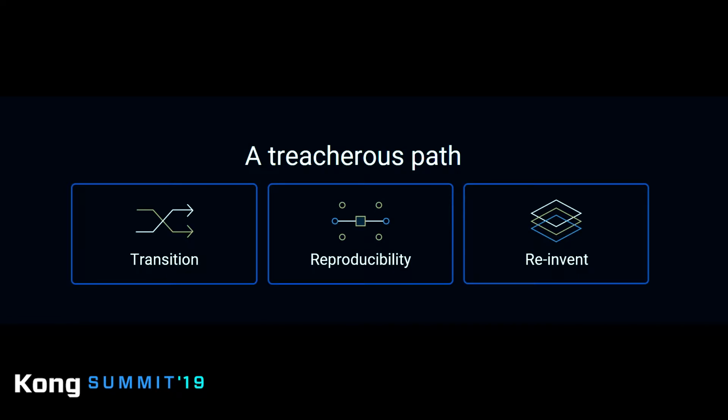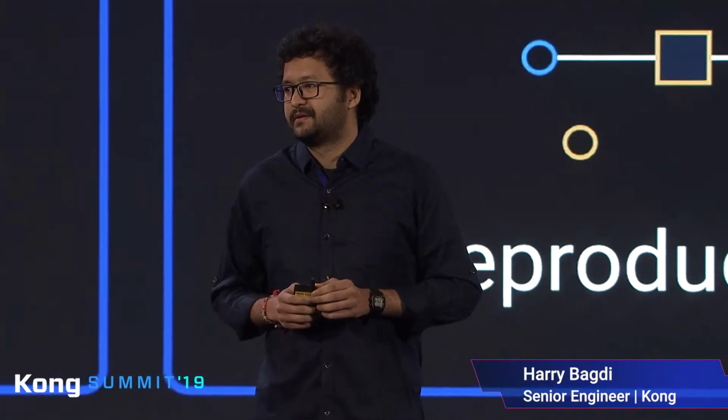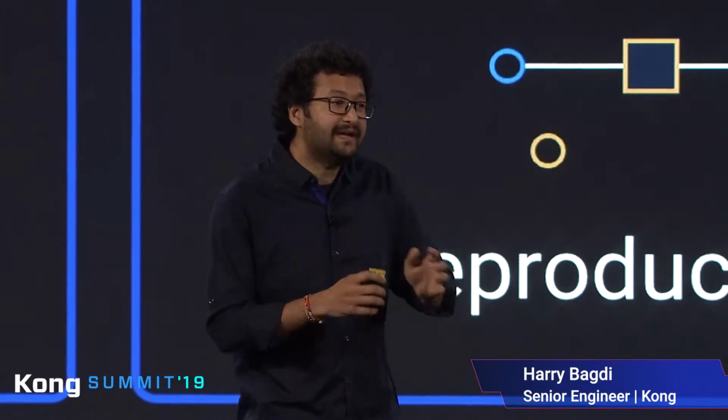Something is off. So this is a hard problem to solve, but I think we can do a very good job. Let's see how we made Kong cloud native, and now how Kong makes you adopt cloud native in your organizations.